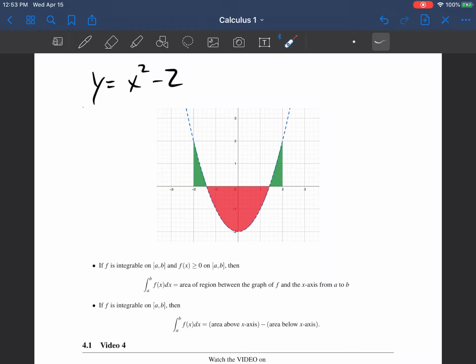Say for example, we're wondering about the integral from minus 2 to 2. Right, so maybe we care about the integral from minus 2 to 2 of x squared minus 2 dx. This integral is going to be the area in these two little pieces, right?